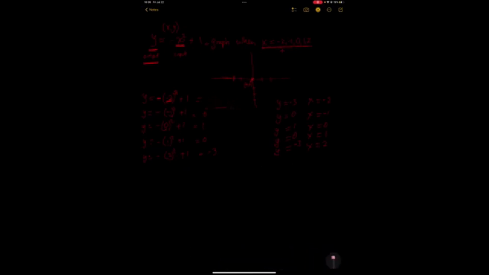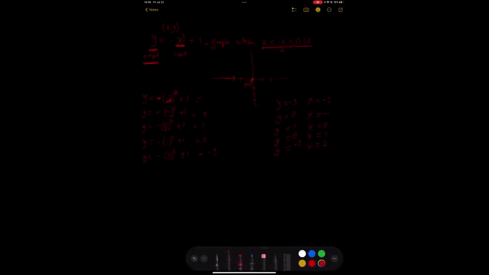So negative 2, negative 3 is right here. Negative 1 gave you 0, so negative 1 for the x gives you 0 for the y. So this point right here is (negative 1, 0).